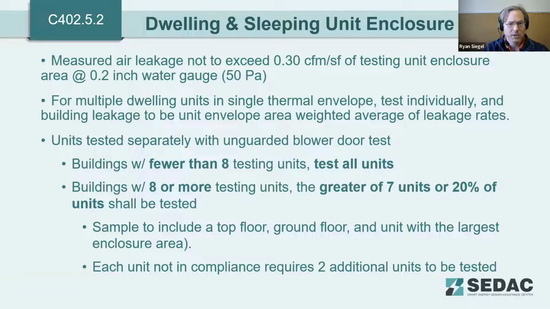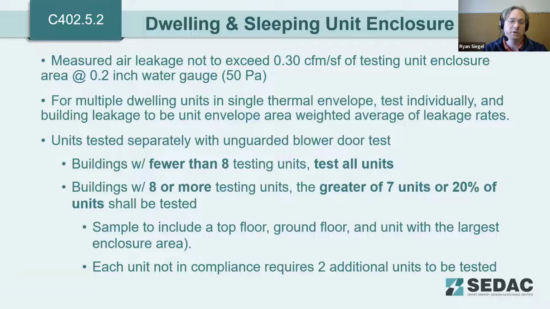As far as group R or I dwelling and sleeping units, here we measure at 50 pascals, so that's the lower residential pressure, with air leakage not to exceed 0.3 CFM per square foot of unit enclosure area. That's going to be all six sides of the cube, if you will. For multiple dwelling units in a single building, you do have some options.